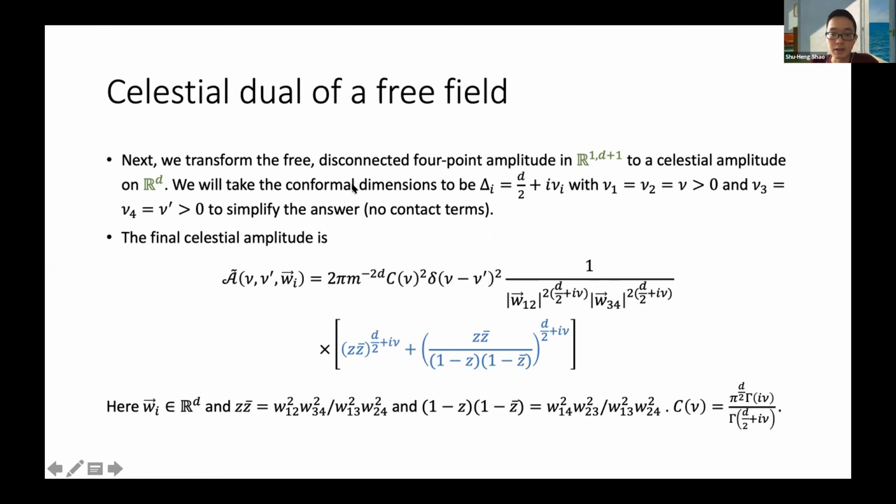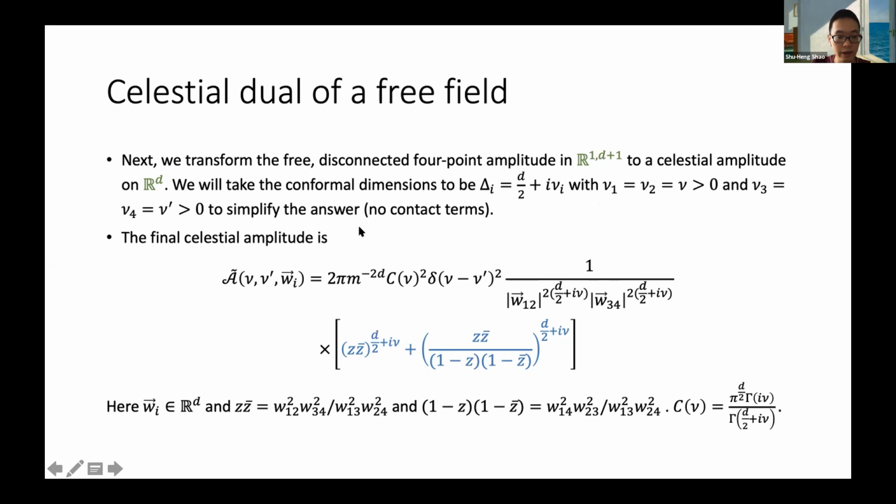For simplicity, I will take the conformal dimensions for the 4 particles to be on the principal series, with the imaginary part chosen to be this way. In this way, I can avoid certain contact terms, and I don't have a full understanding if I go away from this special choice.